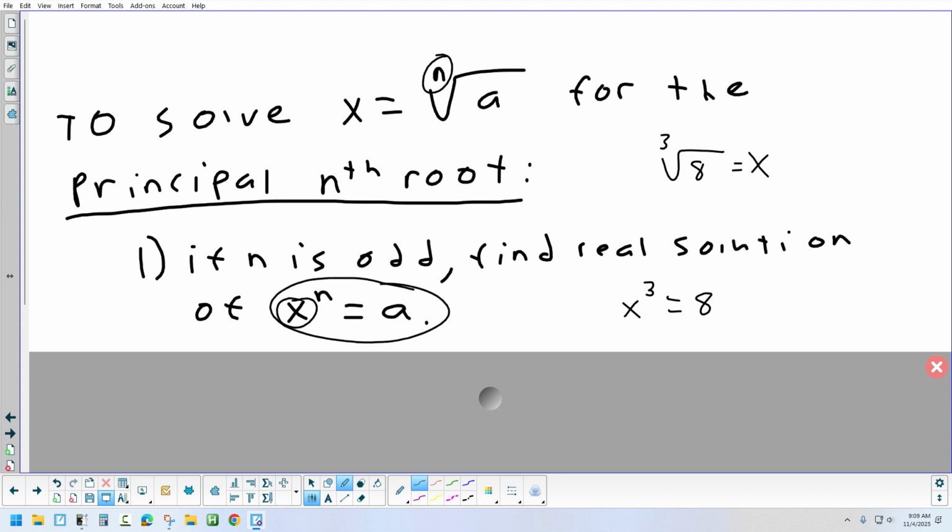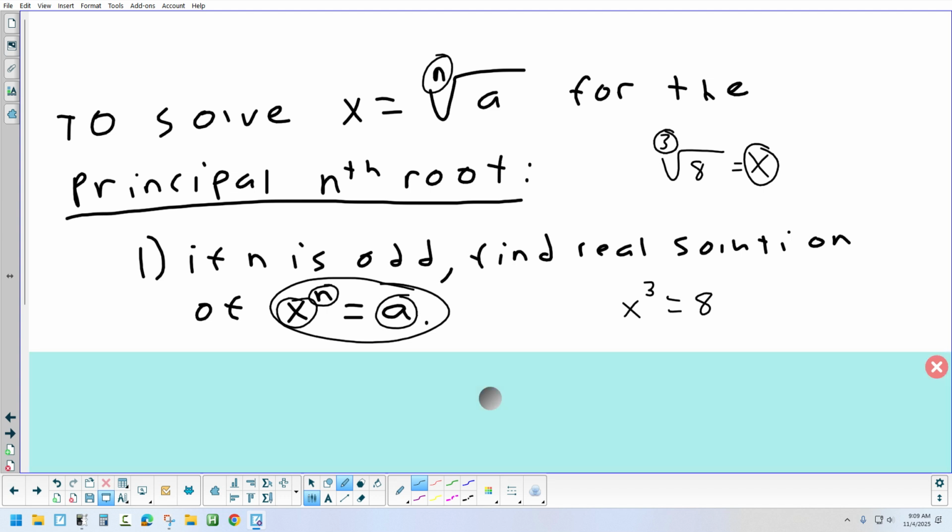This is what was by itself right here. This exponent was the index, and this number on the other side is what was underneath the root. That was the radicand. So cube root of 8 means, can you find a number raised to your index that will give you the number that was under the root?